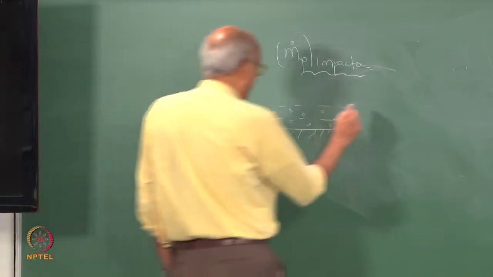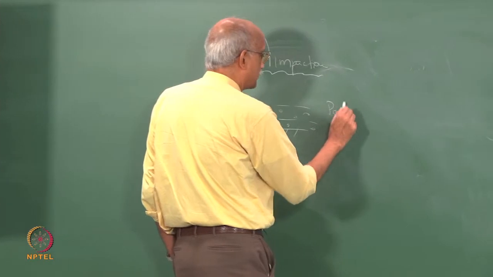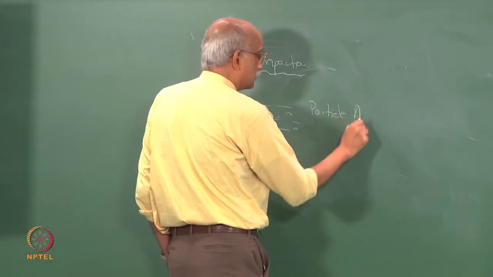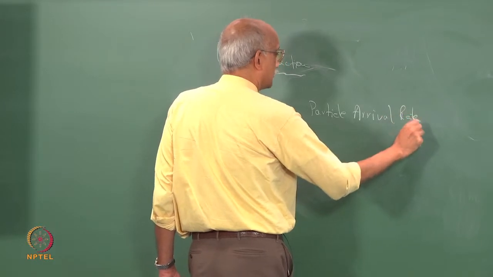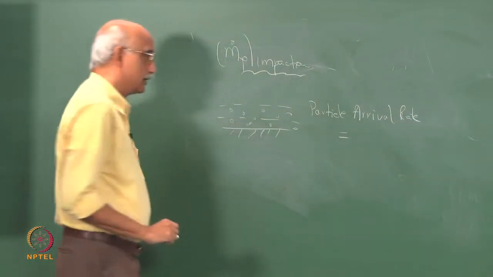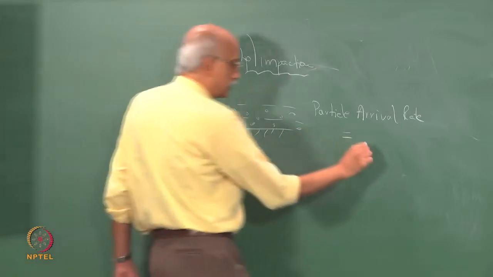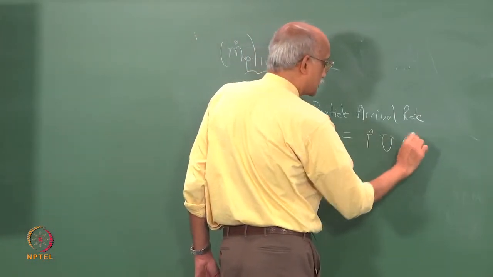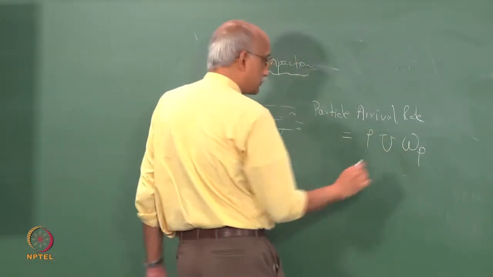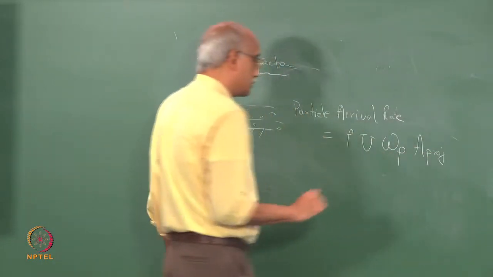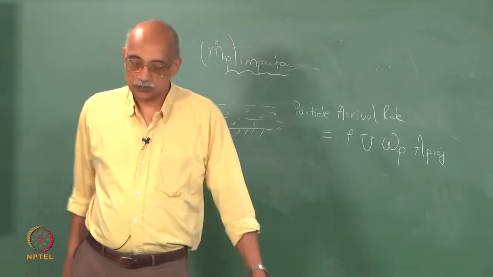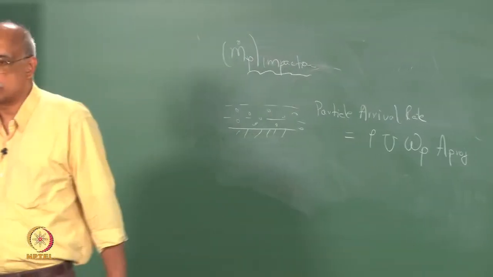So, the particle arrival rate is given by rho times u times omega p times A projected, where rho u represents a mass flux of the carrier fluid.